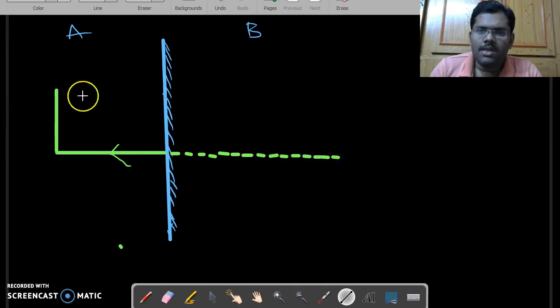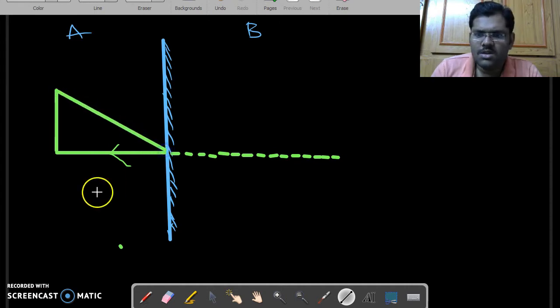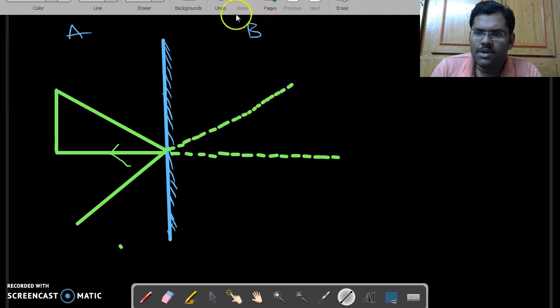Next, consider the light which is incident on the surface. This is the incident ray and it gets reflected in this direction. The angles should be equal, so let us take it as an approximation.